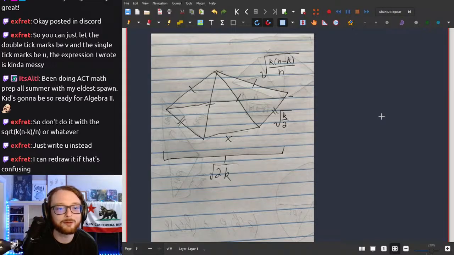This feels in some way related to your graph theory thing that we just looked at. Just write U, I can cross it out. Single tick mark, we're going to say U. Double tick mark, we're going to say is V. And you want to find X?